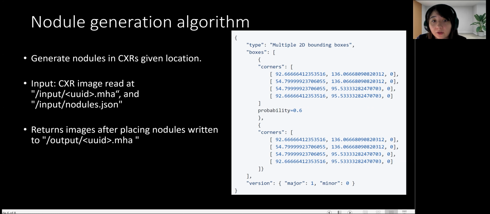For that, the algorithms are expected to receive as input a chest X-ray image, which will be read from /input/ the name of the file .mha, and they should also receive a nodules.json file from the location /input/nodules.json. The nodules.json file is in a particular format that is compatible with the Grand Challenge requirements.